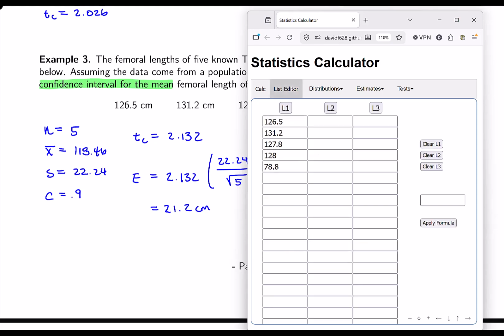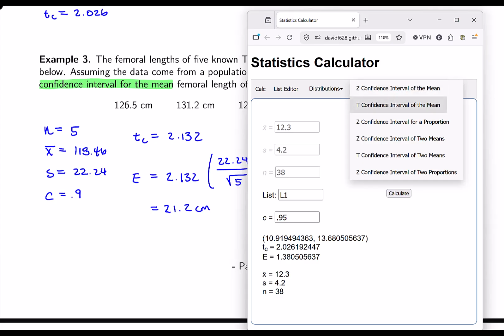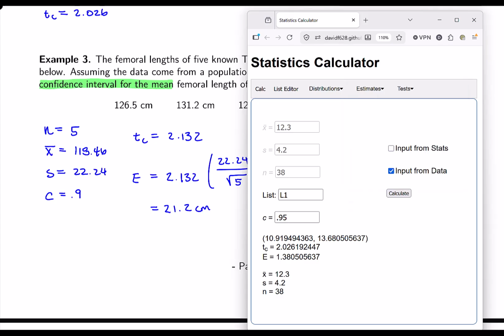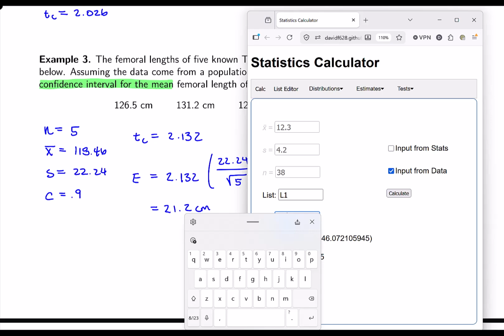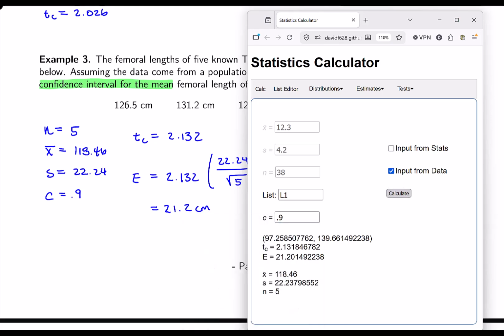And if you have your data already in L1, then you can just reference that data, press calculate, and what it will do is it will calculate the mean, standard deviation, and sample size for you. So those are presented down here. It will then come up with the critical value, which doesn't, oh, I didn't update the level of confidence here. That's better.